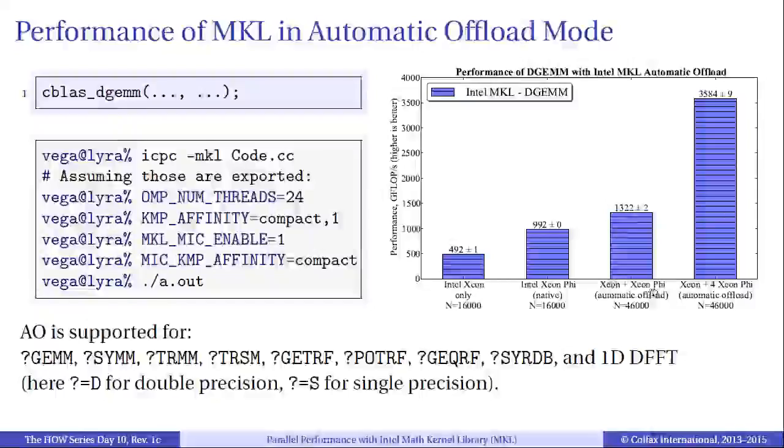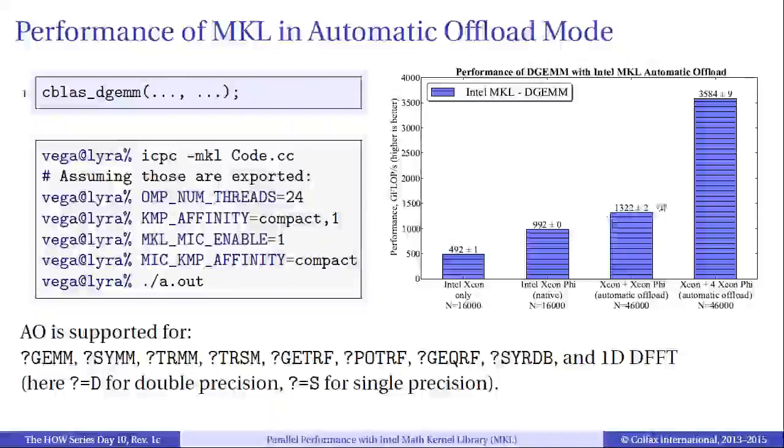I'm using Xeon together with Xeon Phi in the automatic offload model. It doesn't make sense to use it for this small problem that I had, but automatic offload can actually handle problems that are large enough to fit in the host memory. Even if this problem is too big for Xeon Phi, automatic offload will partition up my matrix and offload parts of it to Xeon Phi.